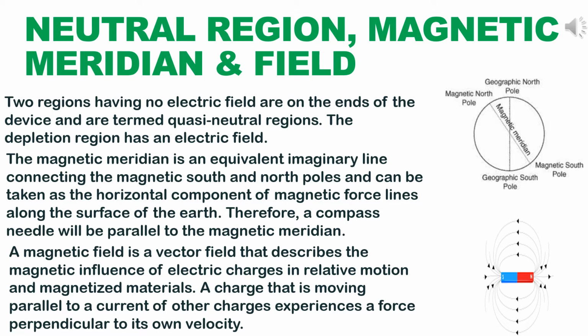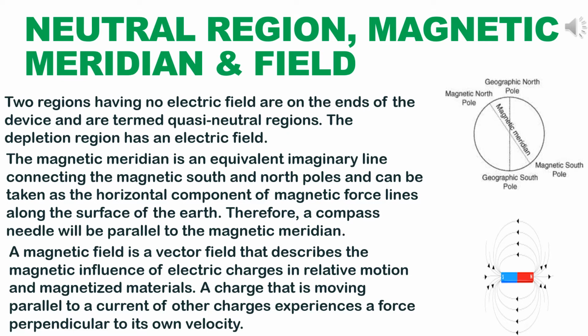Now, magnetic field. Magnetic field is a vector field that describes the magnetic influence of electric charges in relative motion and magnetized materials. A charge that is moving parallel to a current of other charges experiences a force perpendicular to its own velocity.